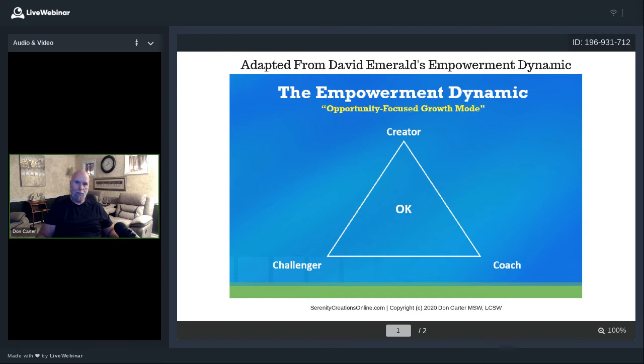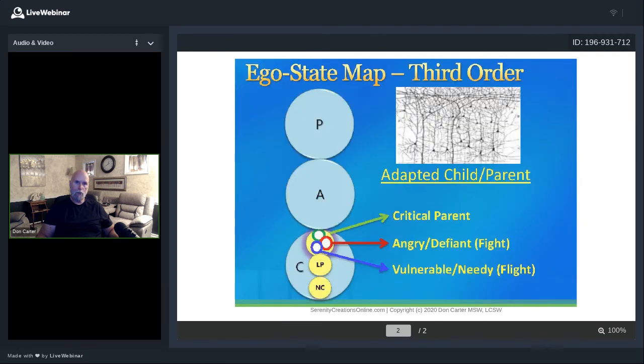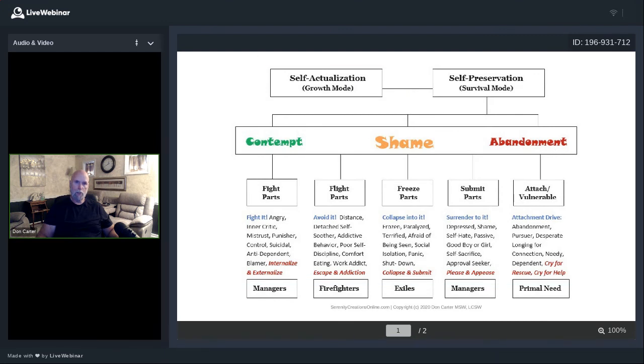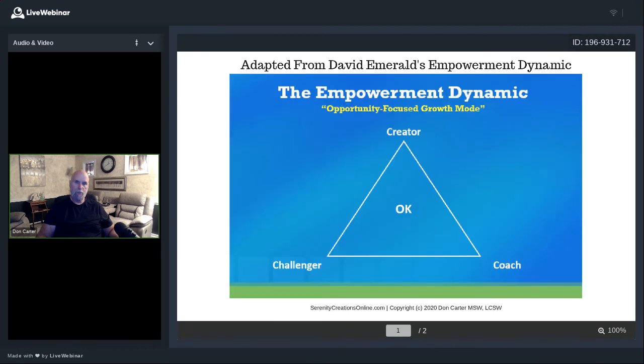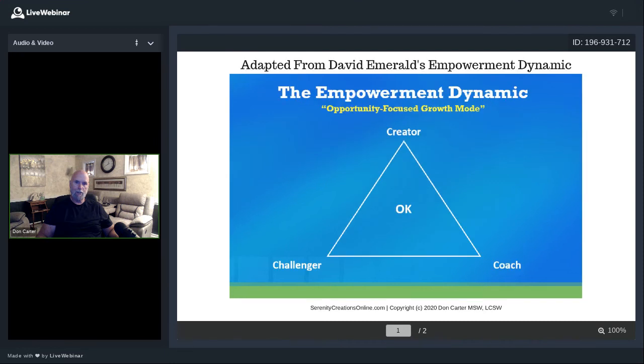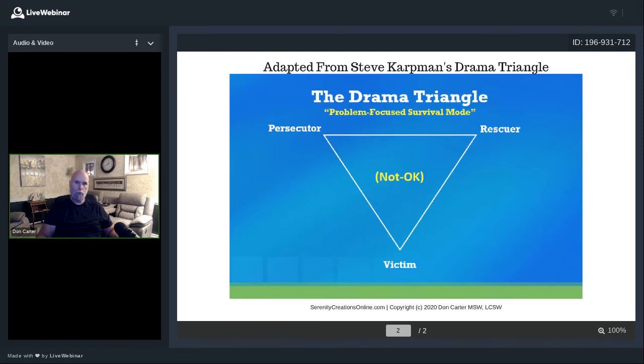But I cannot be in this mode unless I'm in growth mode. I have to be from here. Okay, so that's the drama triangle and the empowerment dynamic, and that's how they fit in here. This is growth mode, and this is survival mode.